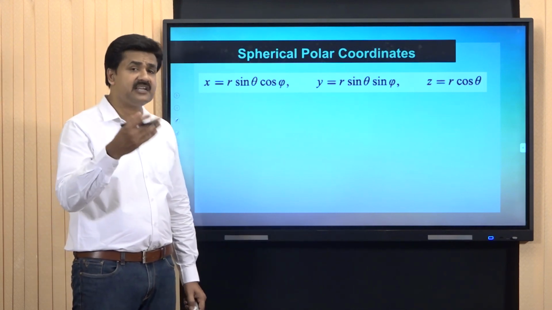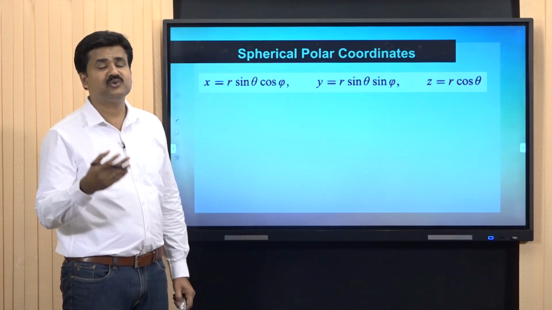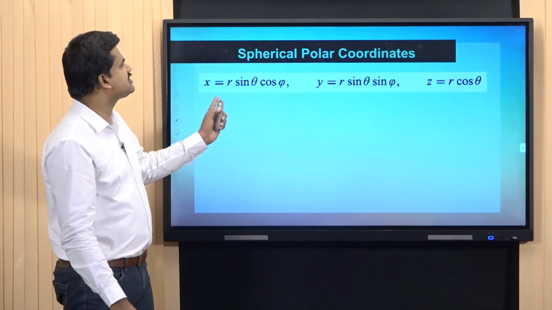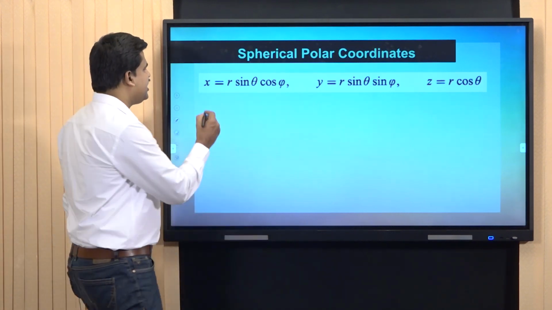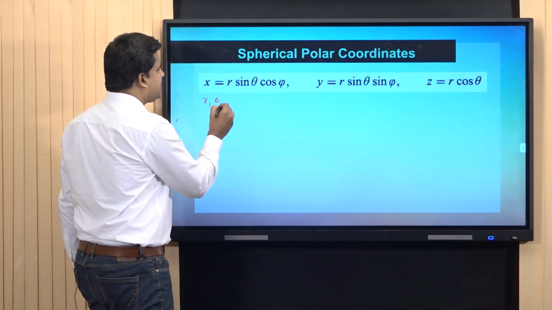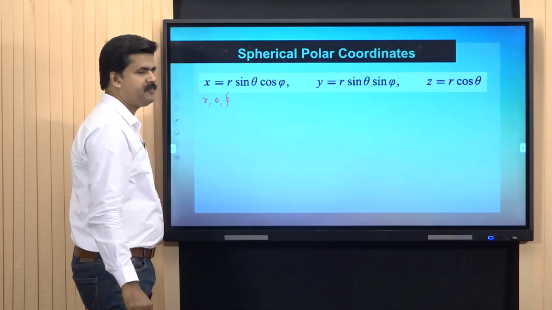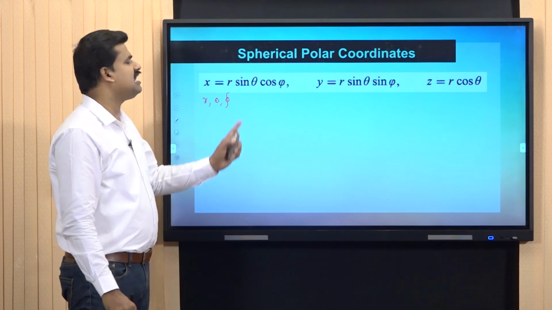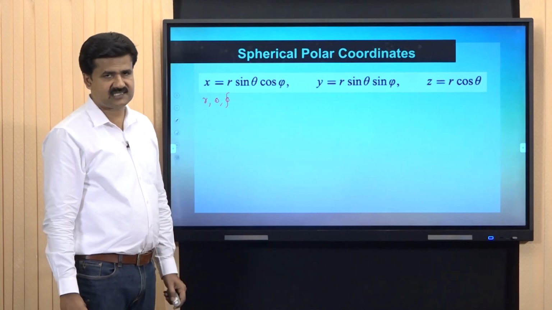Now we are trying to change the coordinates into the spherical polar system. In it there are three variables, namely r, theta, and phi. Among these, r is a distance part, and theta and phi are two angle parts.